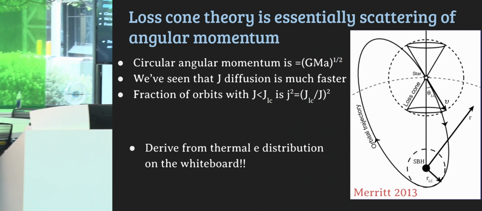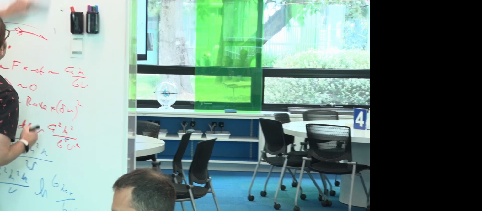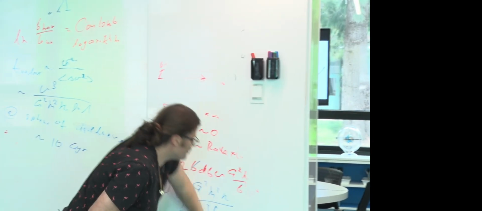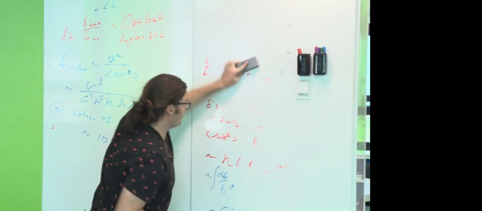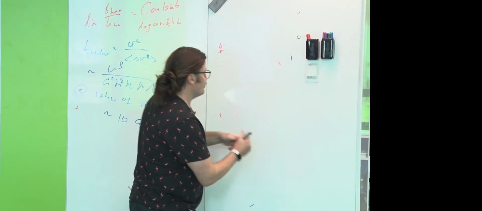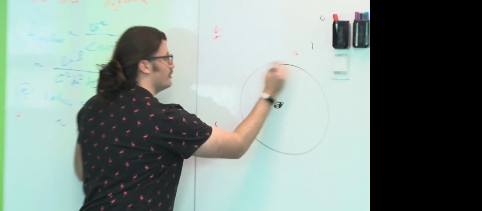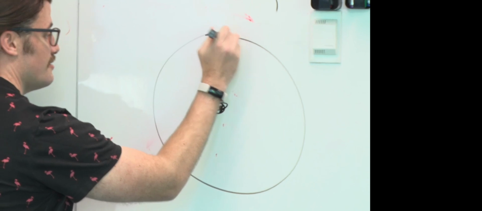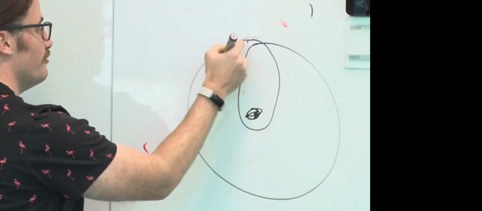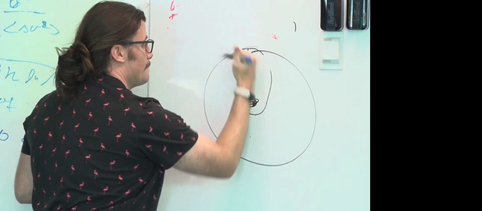One star could have a very circular orbit, and the other one could be very eccentric and eventually be disrupted. So for example, if that's the massive black hole, one star is circular, the other one is very elongated.